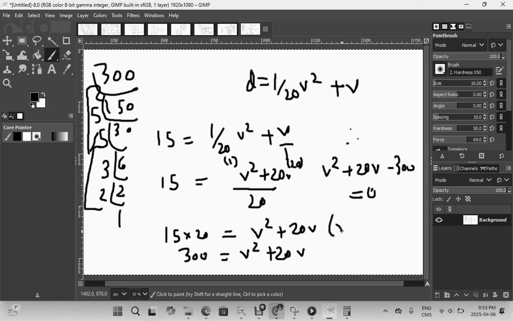So this will be (v plus 30)(v minus 10) equals 0. So v equals negative 30, which is not possible as a solution, because your speed can't be negative, and v equals 10. So your speed will be 10 miles per hour.